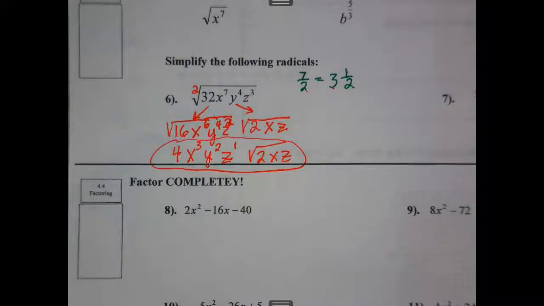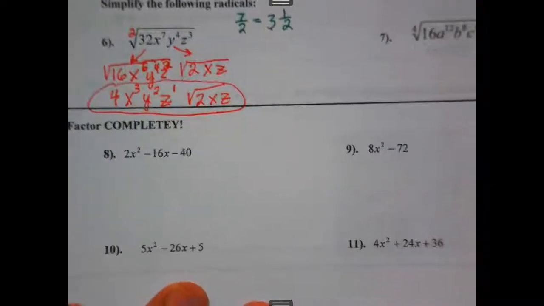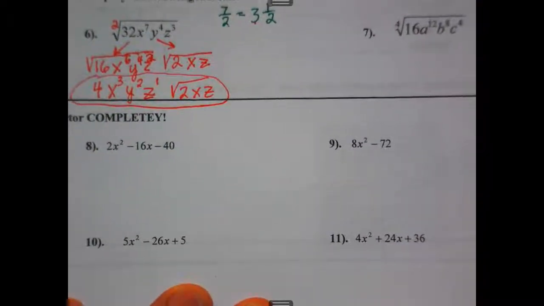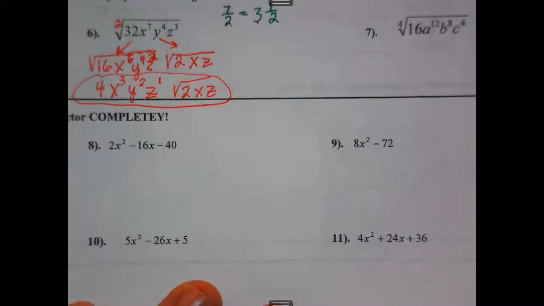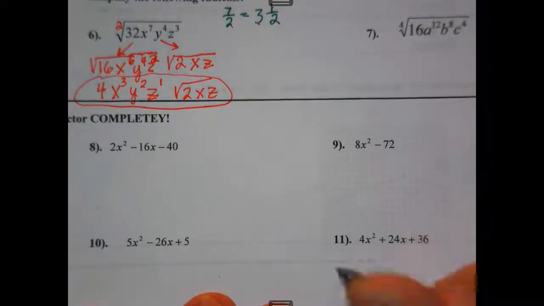All right, 8 through 11, which one you want me to do? Okay, what's the first thing I do when I factor? That's right. Take out the greatest common factor. What's the greatest common factor of 4x squared, 24x, and 36? 4.